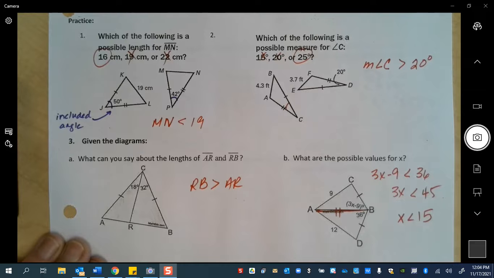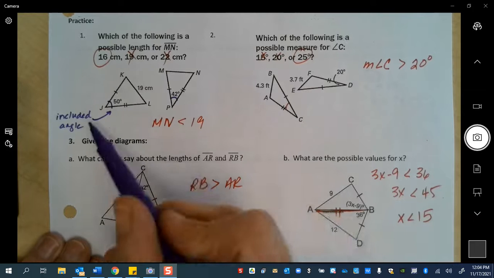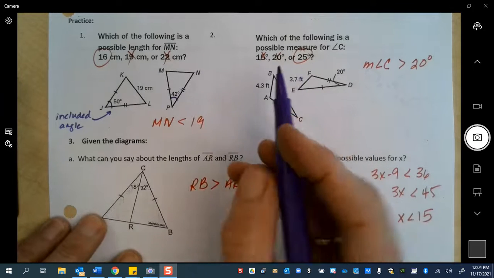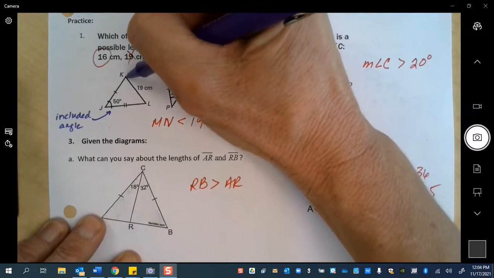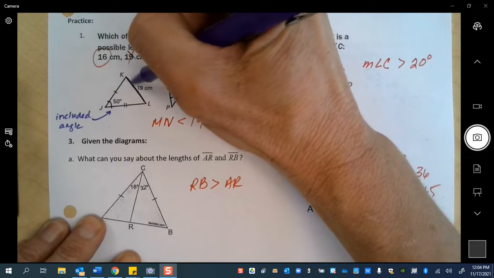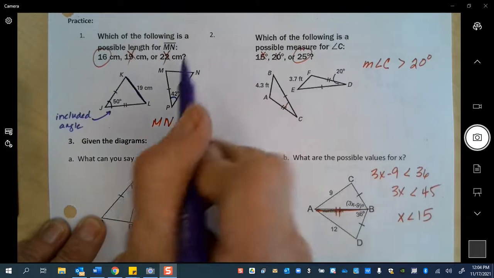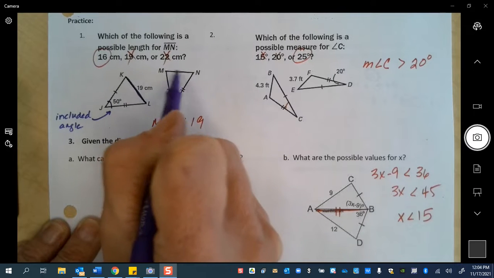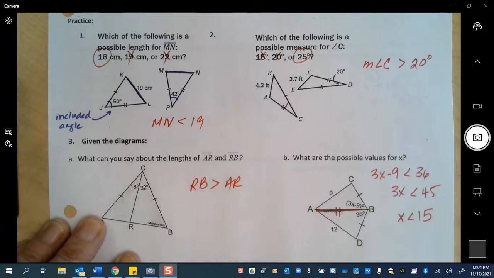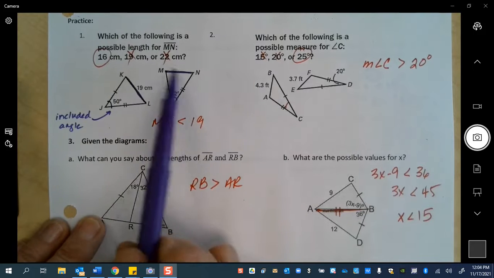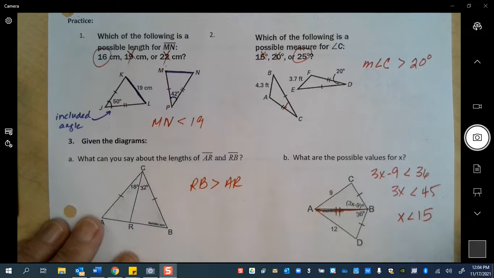Because of that included angle, because 50 is bigger than 42, I know that KL, the distance from K to L, has to be bigger than the distance from M to N. That's why M to N is smaller than 19. So it can't be 22, it can't be equal, it has to be smaller.